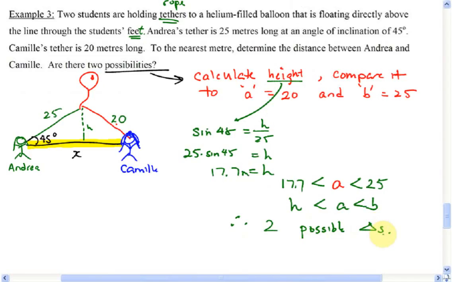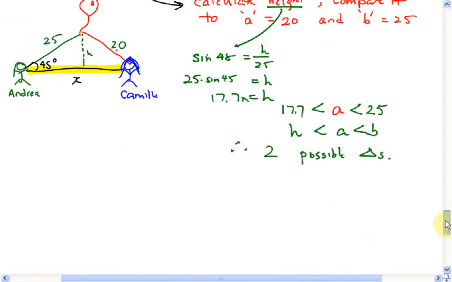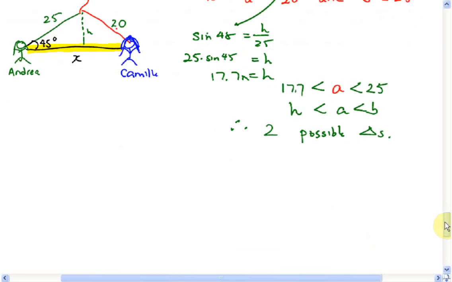If you're thinking about what the other picture looks like, I'll draw it for you. The other picture is this. We still have Andrea over here with some hair, with no arms. The angle is still 45 degrees here.